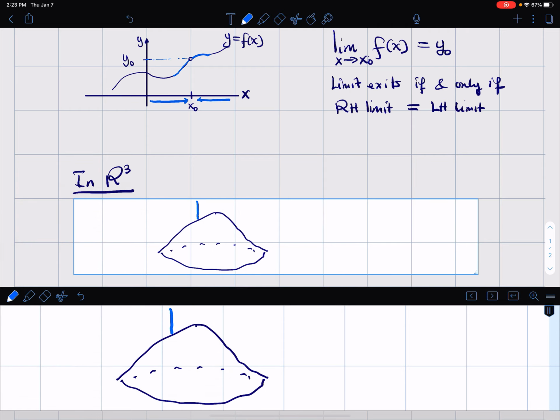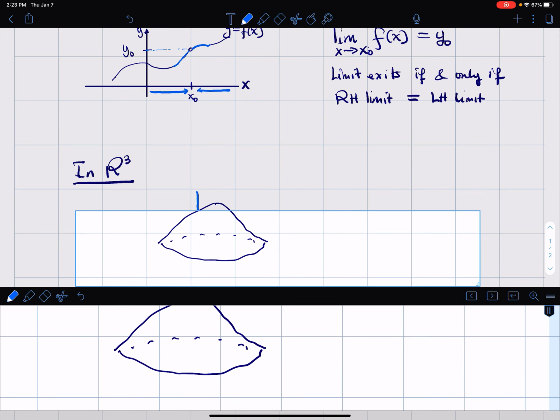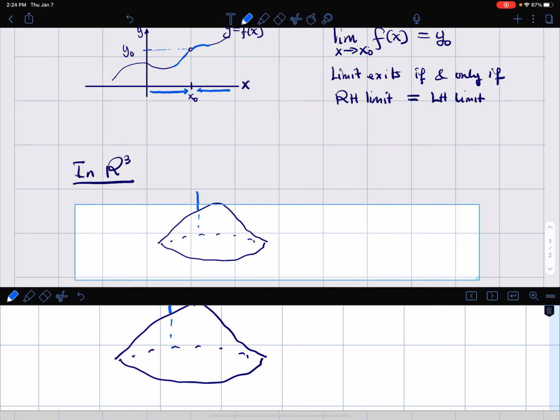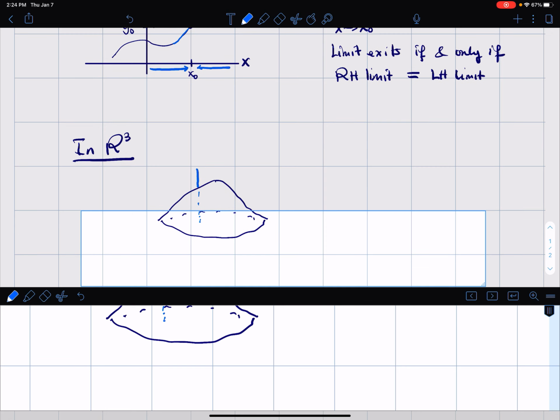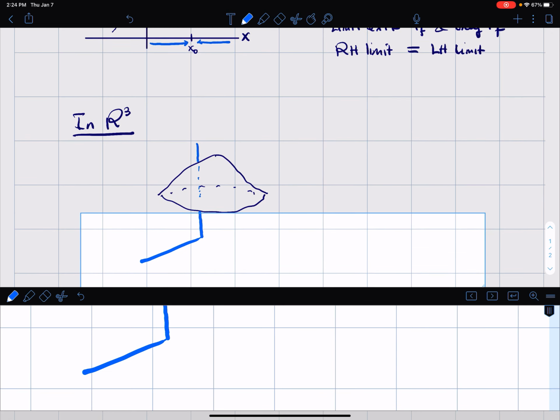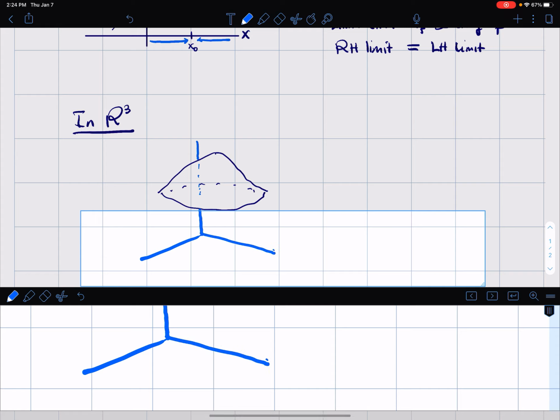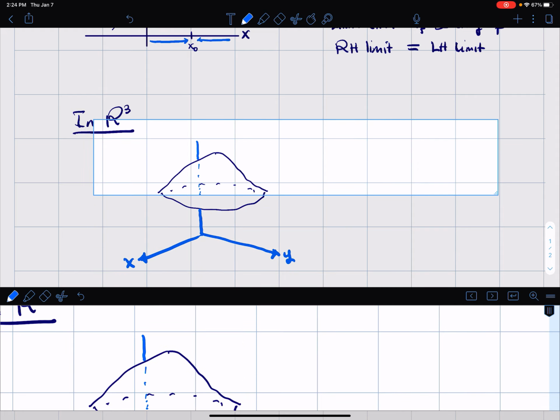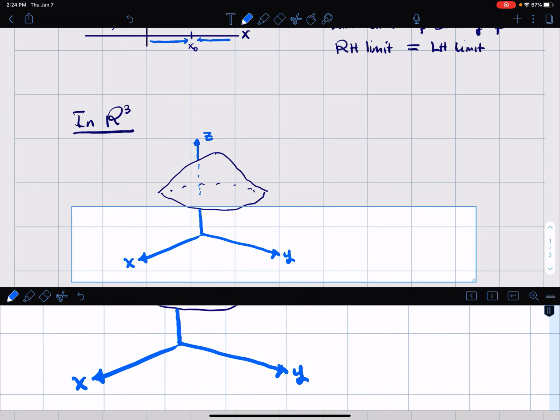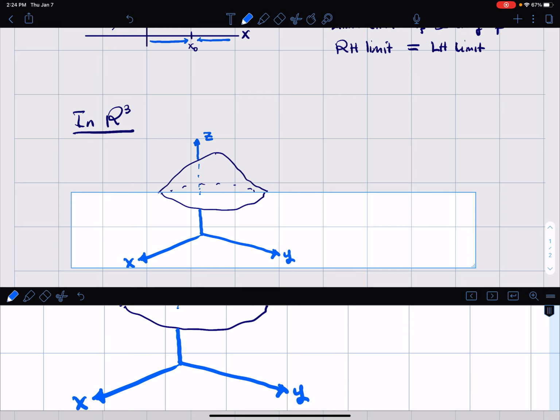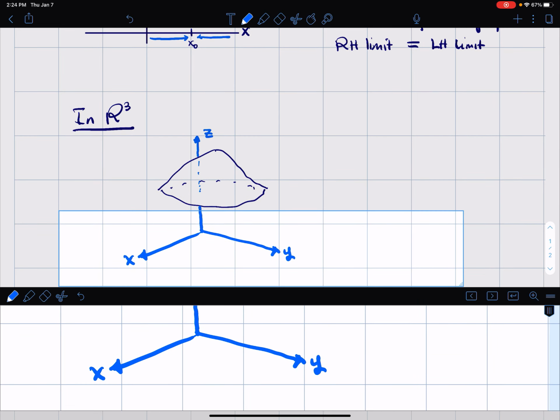Make my axis lighter in this case. This is my y-axis. This is my x-axis, I hope. And this is z-axis, all right? So let's look at the domain of the function.